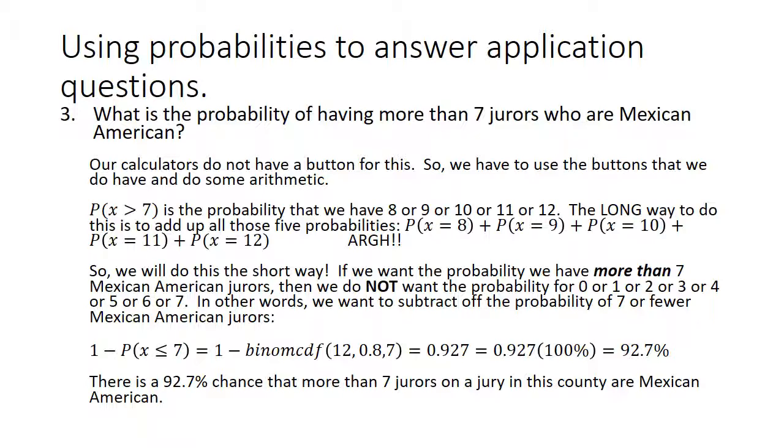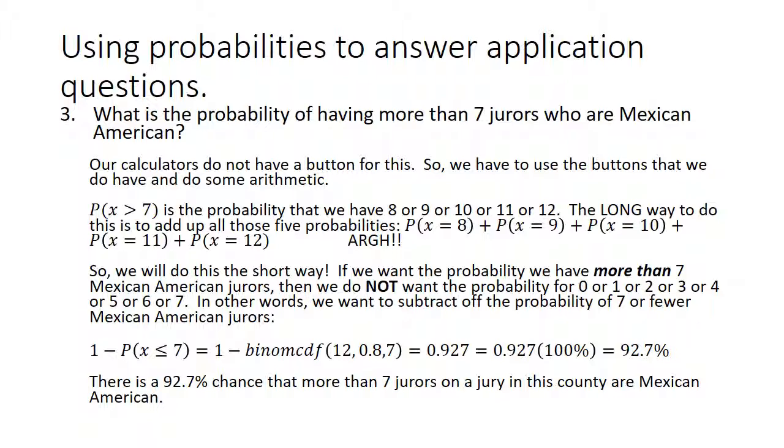So what we're going to do is do some subtracting. If we want the probability that we have more than 7 Mexican American jurors, then we do not want the probability that we have 0 or 1 or 2 or 3 or 4 or 5 or 6 or 7. In other words, we do not want the probability that we have 7 or fewer jurors.